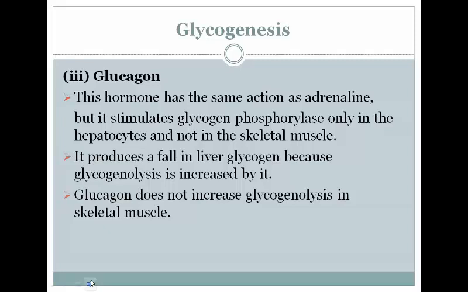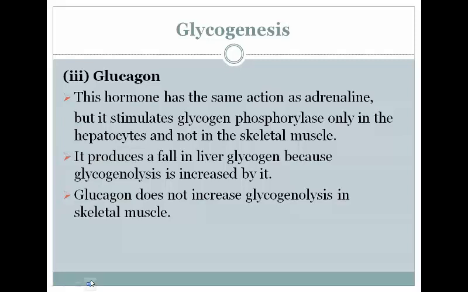So this is the difference. As it stimulates glycogen phosphorylase, it starts glycogenolysis, or breakdown of glycogen, in the liver, producing a fall in the liver glycogen.